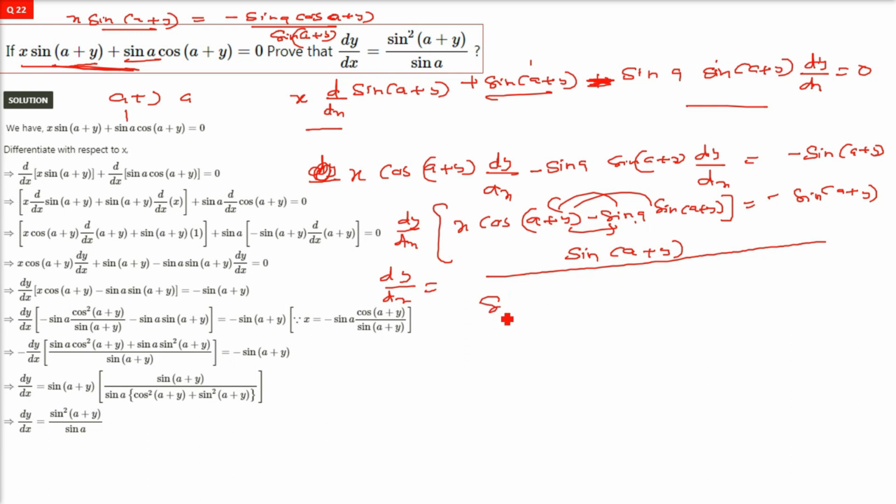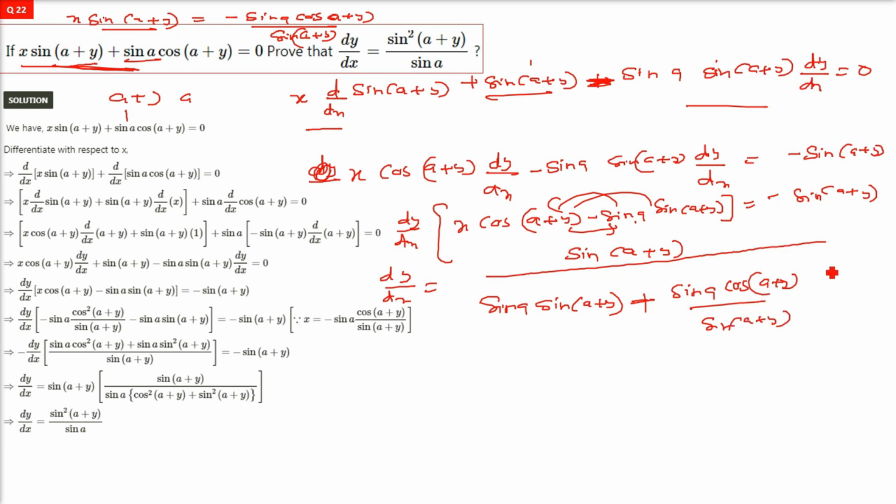So this is sin a and sin(a + y), and in the place of x I am replacing it by -sin a cos(a + y) by sin(a + y). So minus minus will be plus. So sin a cos(a + y) divided by sin(a + y).